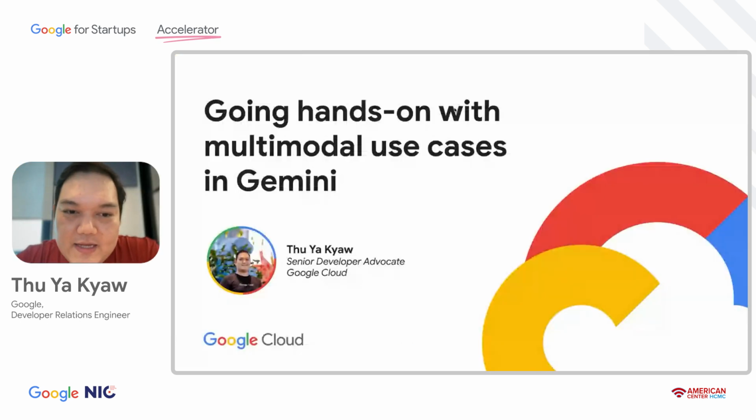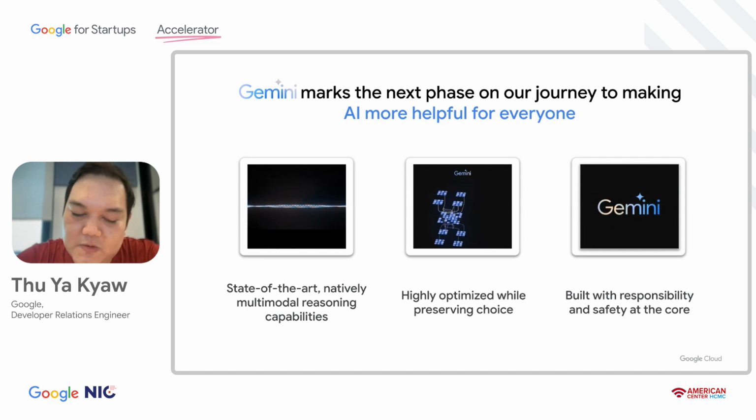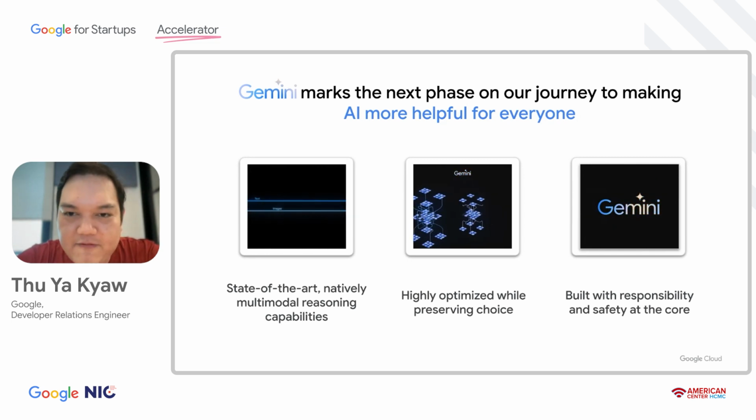My name is Kyaw, and I'm currently working for Google Cloud. And today we're going to go through this multimodal use case. We released Gemini earlier this year, and it was a game changer, because Gemini supports multimodal reasoning natively.